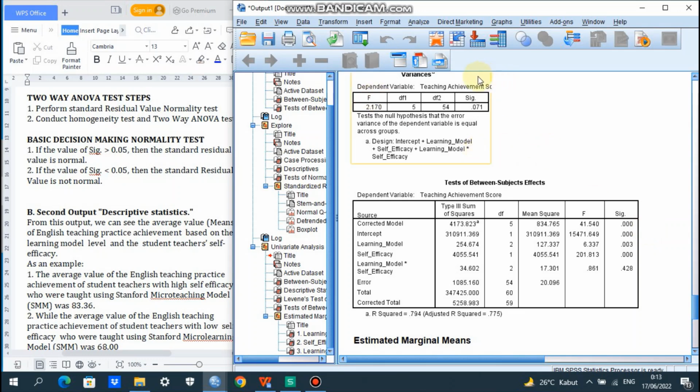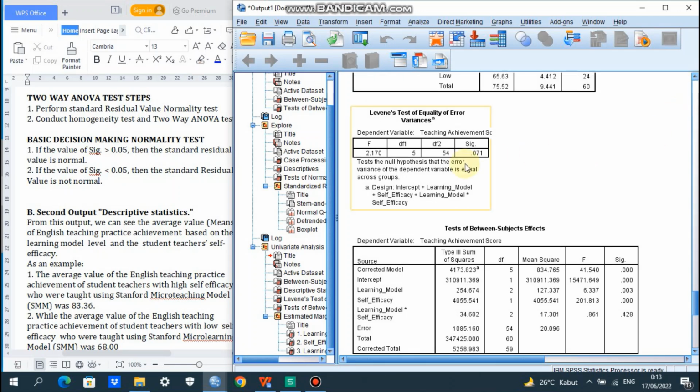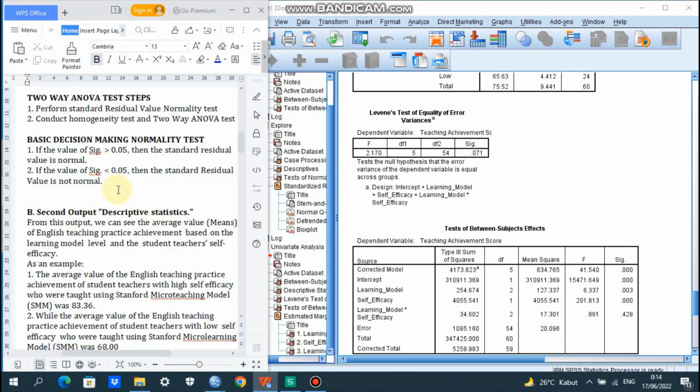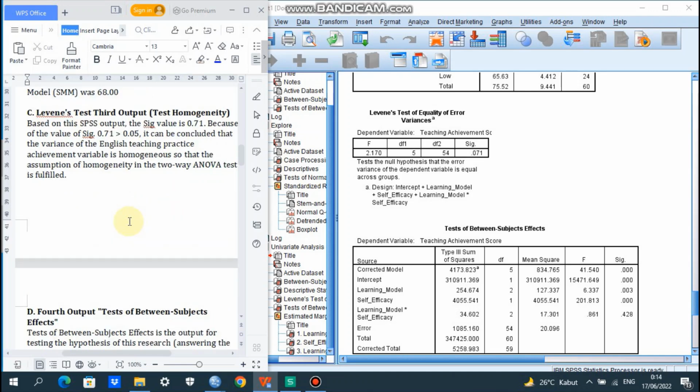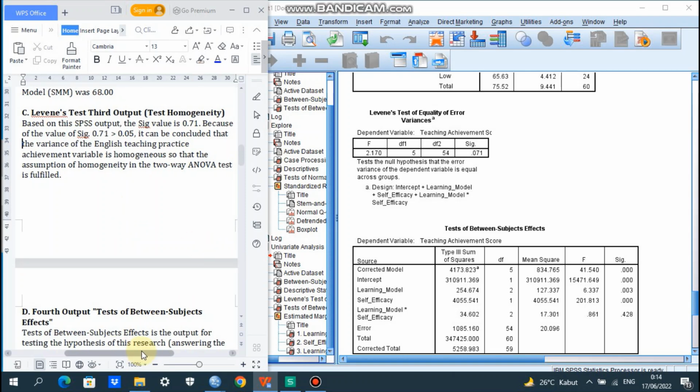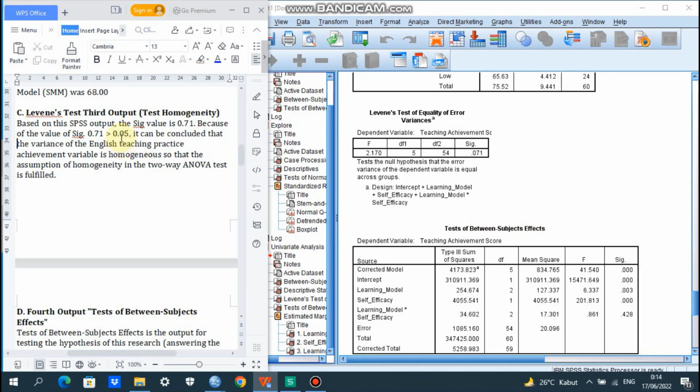Here for the homogeneity test, we have already defined it, 0.71 for the homogeneity test. So here, homogeneity test 0.71. Levene's test, third output. Levene's test here for homogeneity.